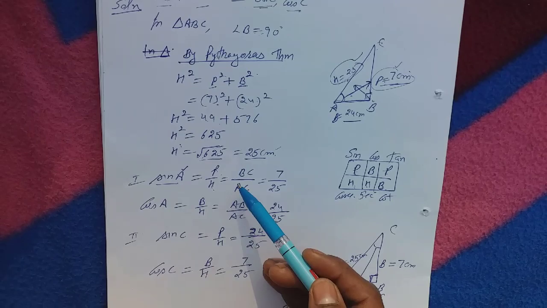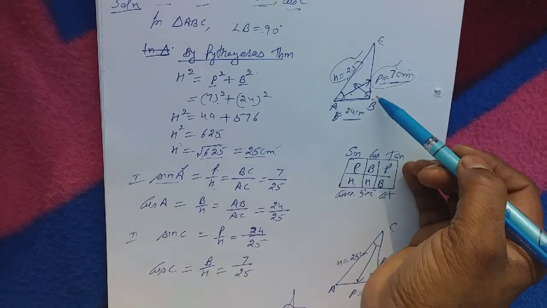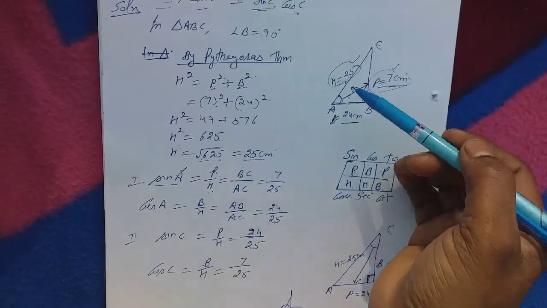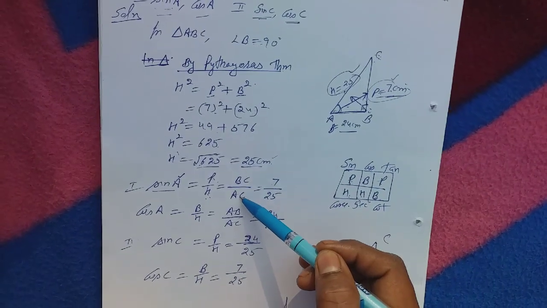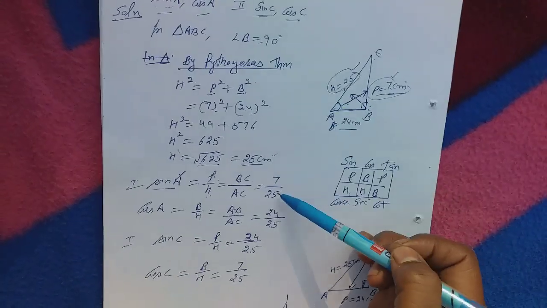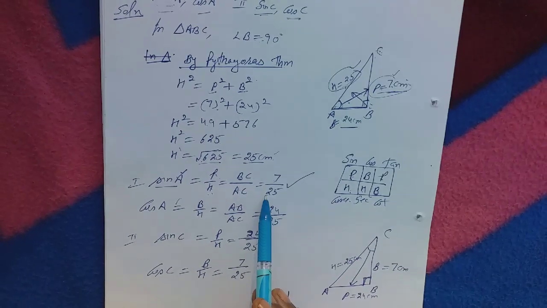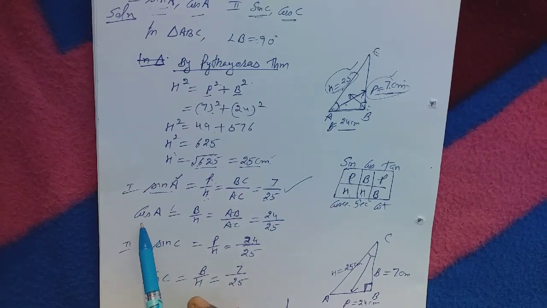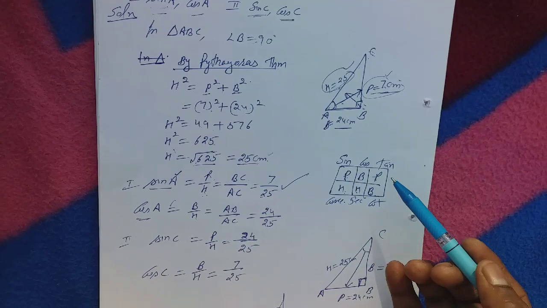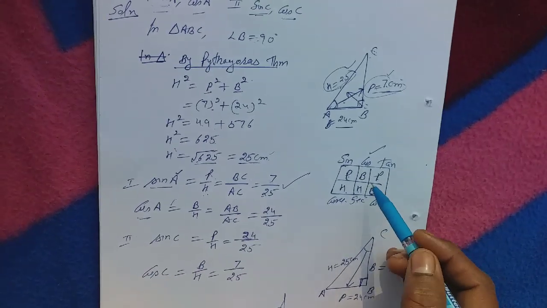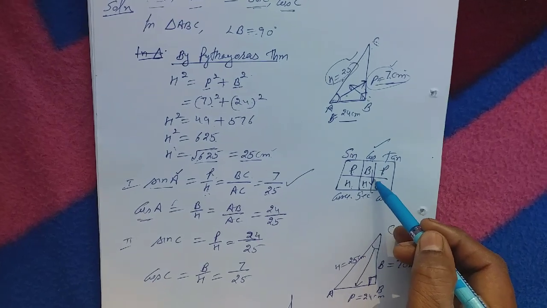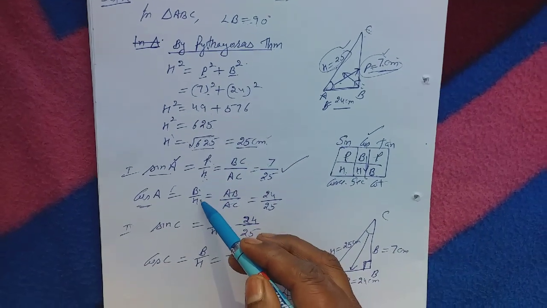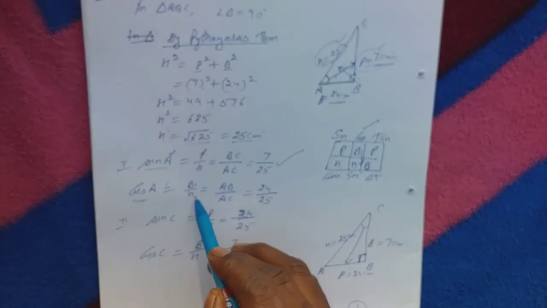So P by H, P is BC and H is AC. The value of BC is 7 and the value of AC is 25. So sine A is 7 by 25. Second is cos A. According to this figure, cos is B upon H, B is base, H is hypotenuse.